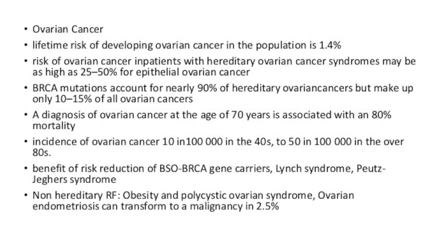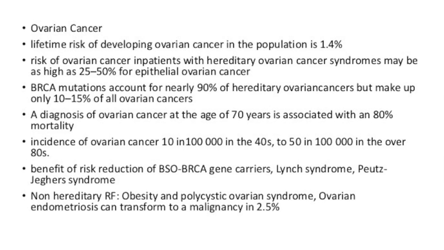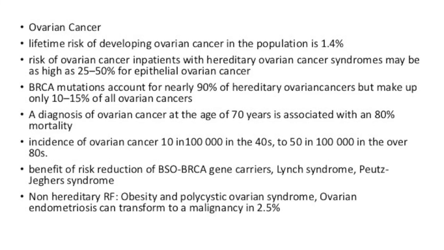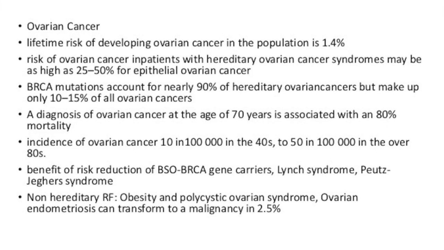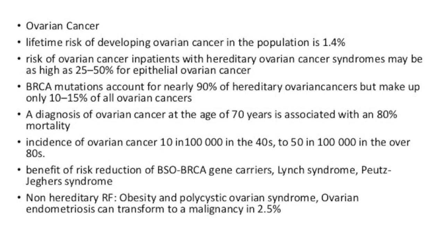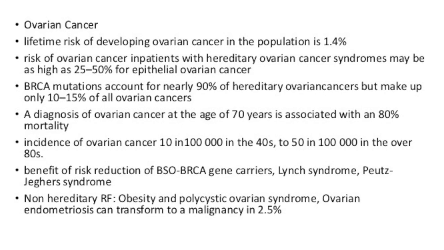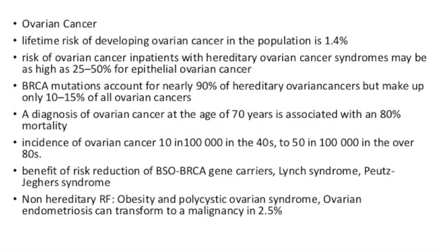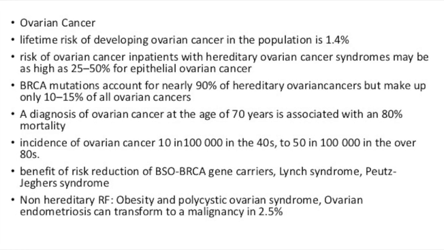BRCA mutations account for nearly 90% of hereditary ovarian cancers, but make up only about 10 to 15% of overall ovarian cancers. Diagnosis of ovarian cancer at the age of 70 years is associated with 80% mortality. Incidence of ovarian cancer is 10 in 100,000 in the 40s. It increases up to 50 in 100,000 in the over 80s.